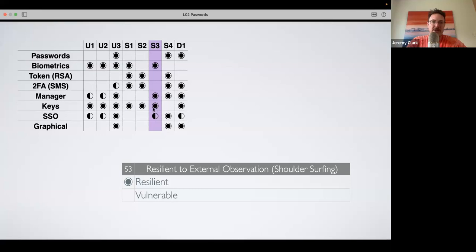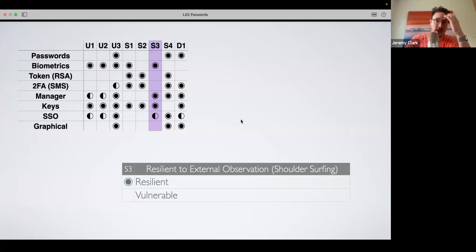And then managers and single sign-on, you can think of as sort of in between the two. So this is maybe where the half dot comes in. So once you've put in your master password, then there's no shoulder surfing, because the subsequent authentications just happen automatically.